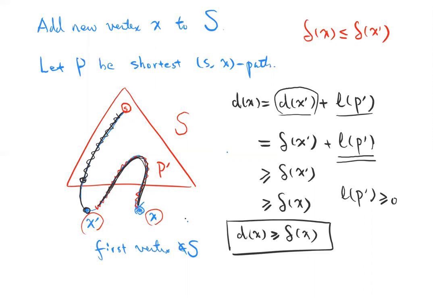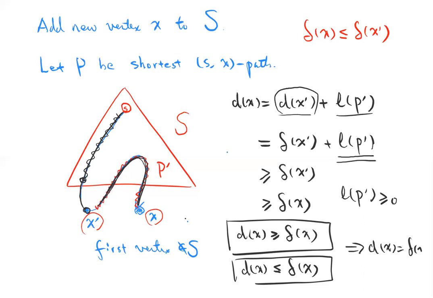So distance is at least its distance upper bound. As we said earlier, delta is the distance upper bound, so we already knew we have this inequality. Also by B, we always have this. So these two together imply distance x equals delta of x. So indeed, A is satisfied.